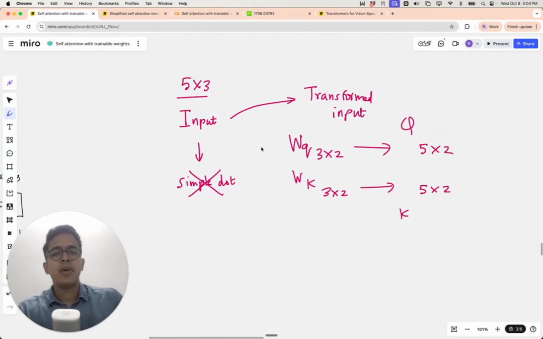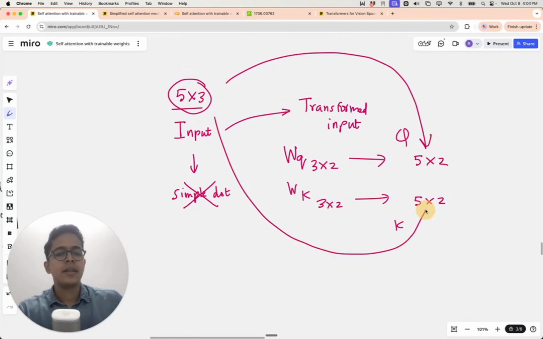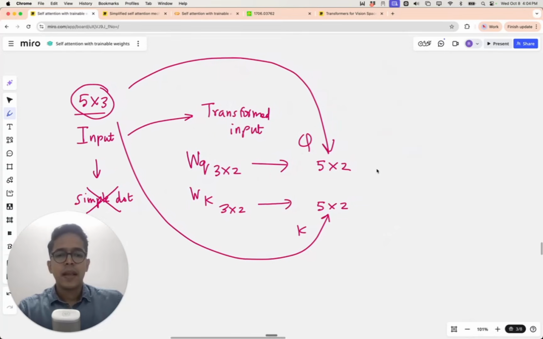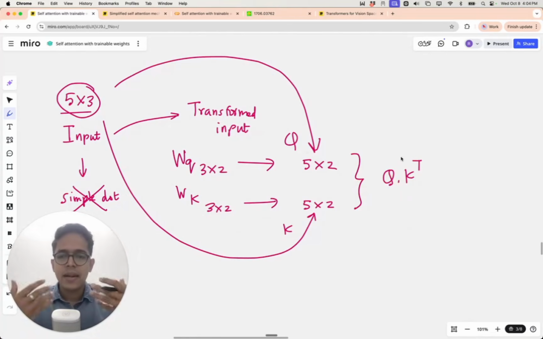So what happened was my 5 by 3 input sequence got transformed into 2 separate sets of sequences. One sequence corresponding to query in a 2-dimensional space, another set of sequence in the key space, which is also 2-dimensional. Then what we said was, instead of taking softmax of the query dot key transpose, which is the dot product, we take the scaled dot product.